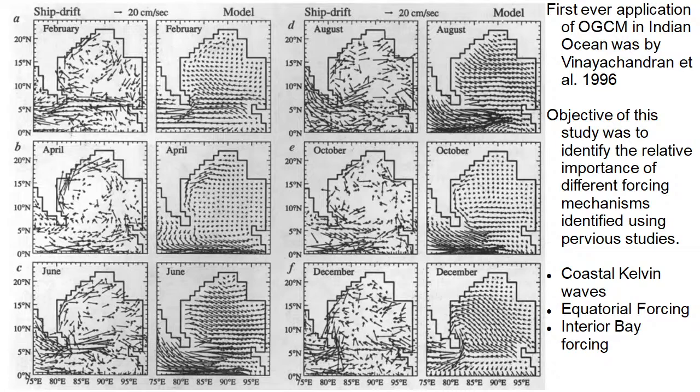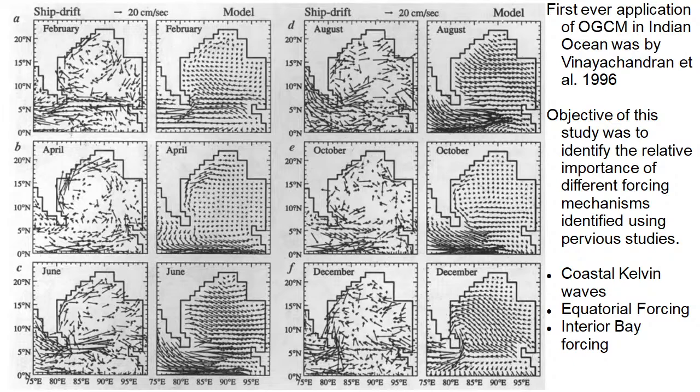The main objective of this study was to identify the relative role of different forcing. Of course, there was understanding of what the forcing mechanisms are, but in this particular study, he focused on their relative roles.